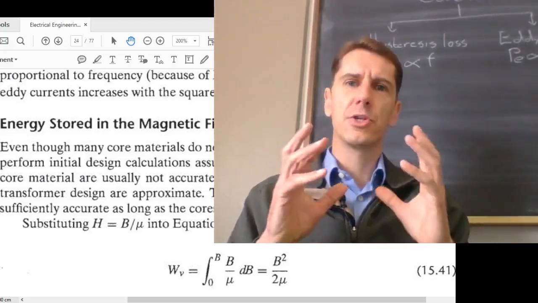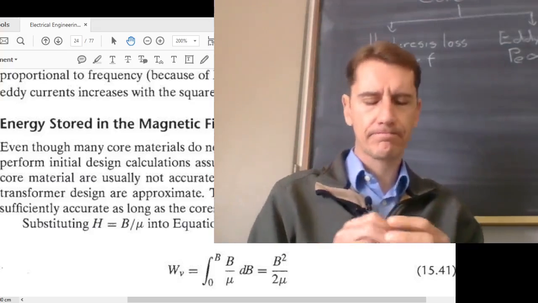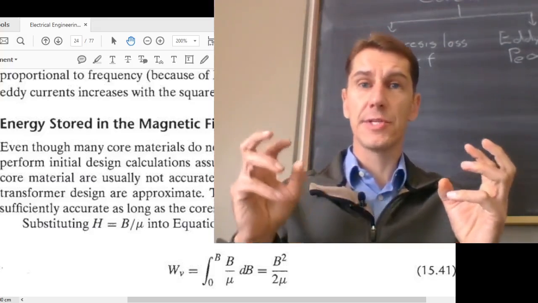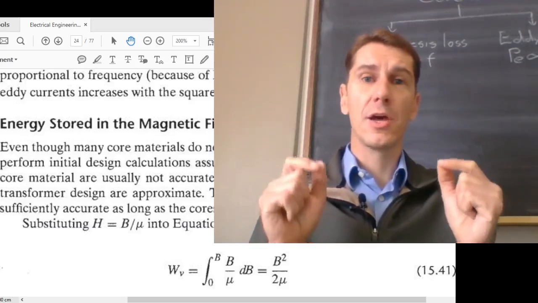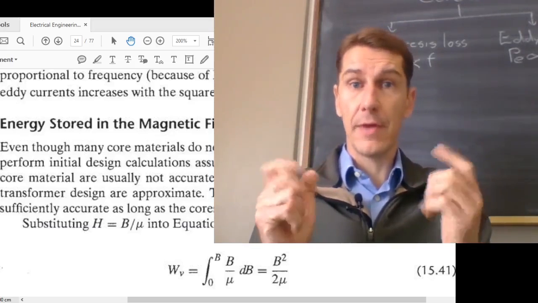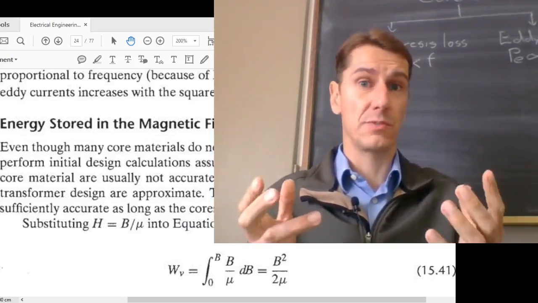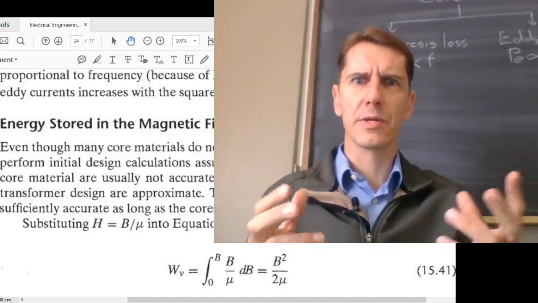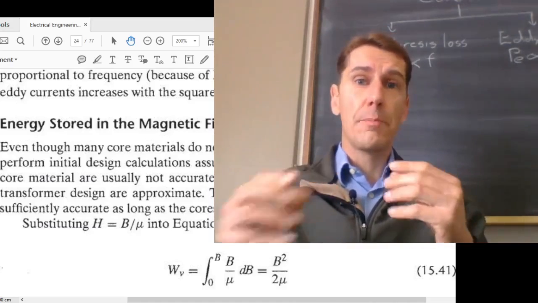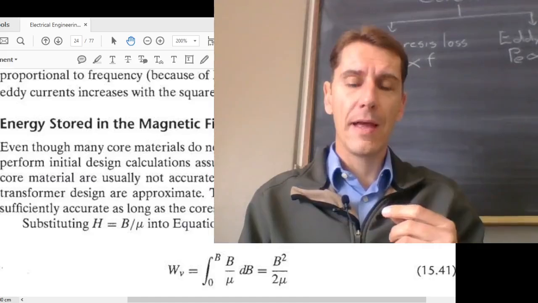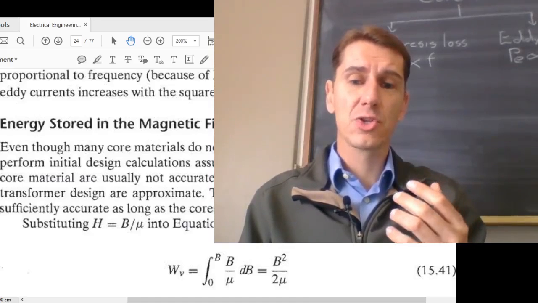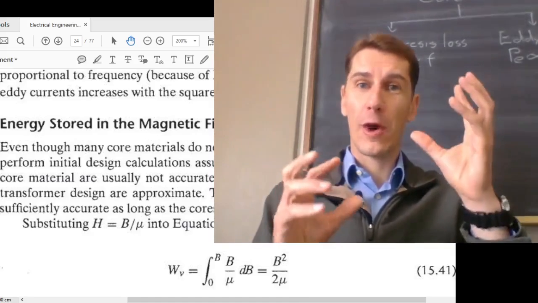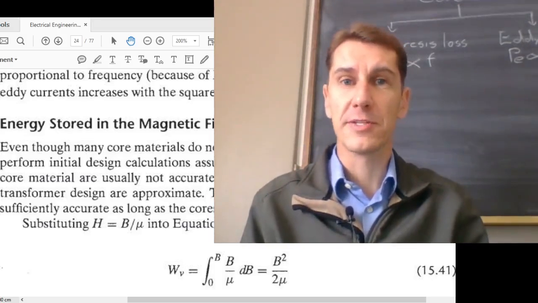Now think in terms of a core with an air gap. The core material permeability versus air gap permeability. Which one has the lowest permeability? The air gap, by factors of thousands, because the relative permeability of the core can be anything, say 1,000 to 1,000,000 for some types, but it's thousands. So in a magnetic circuit with core and air gap, where is all the energy going to be sitting?